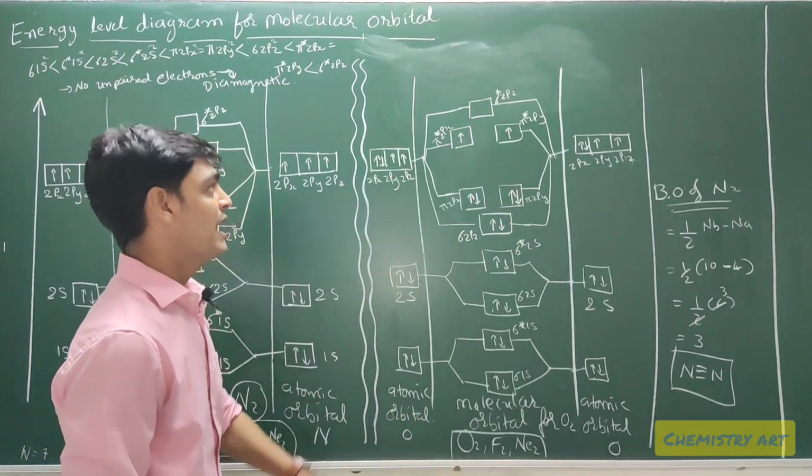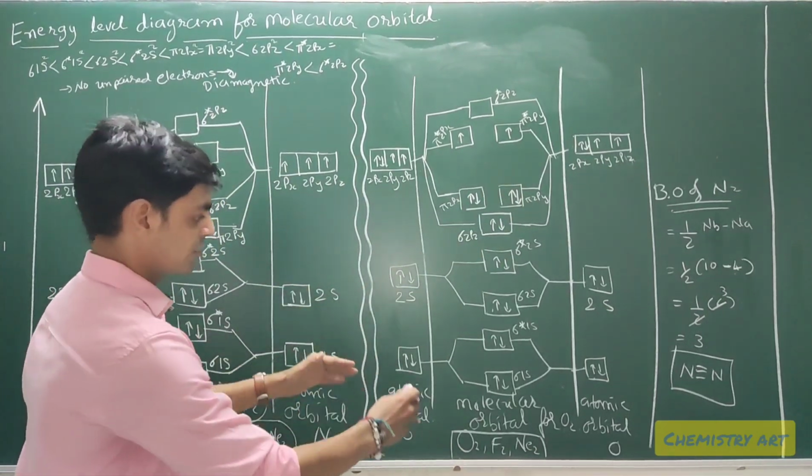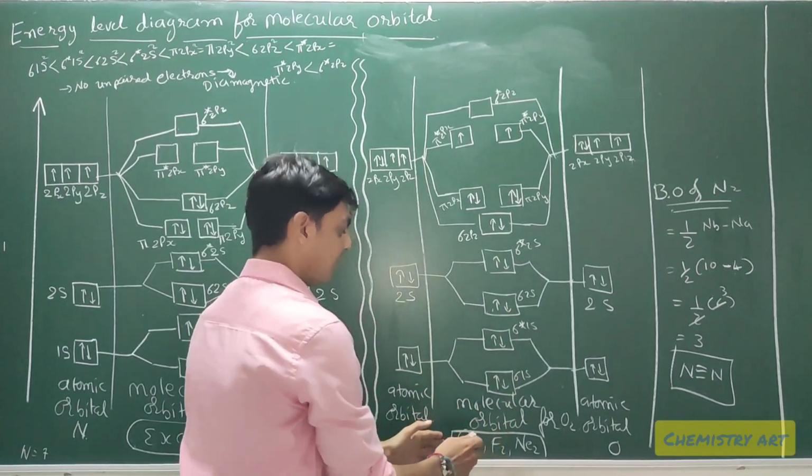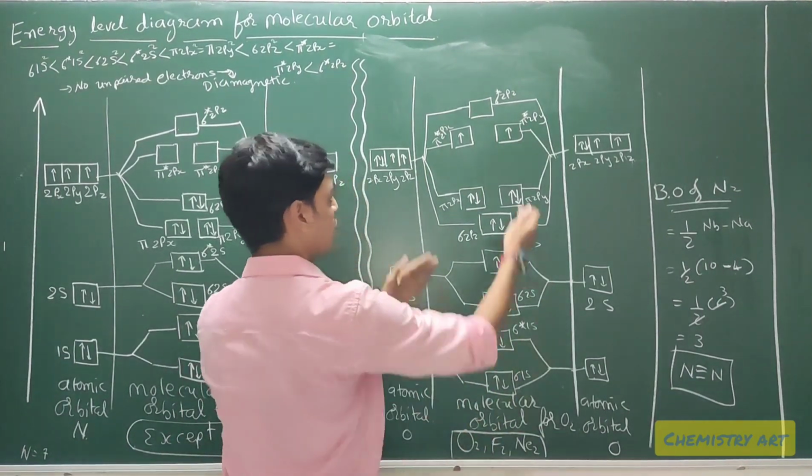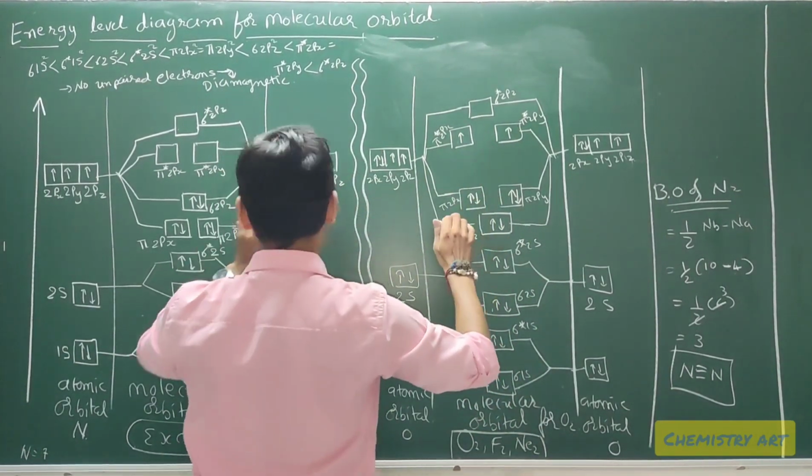One electron is present in each. If I write the order of the molecular orbitals for molecules like O2, F2, Ne2, the order changes from here.